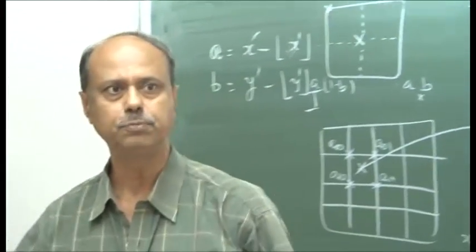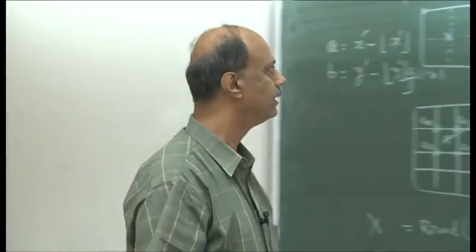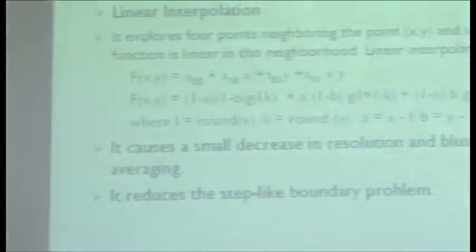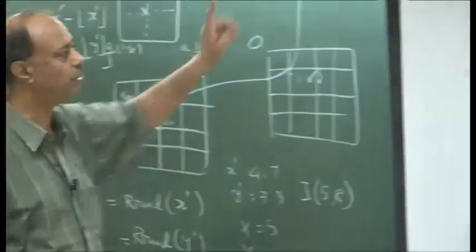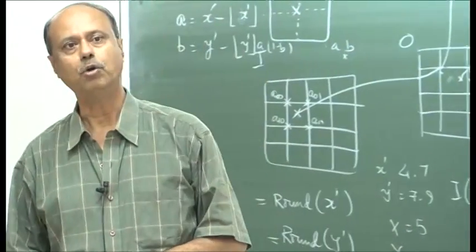This is very simple: you put it and you get the intensity value of these points. That will be mapped to my output image.